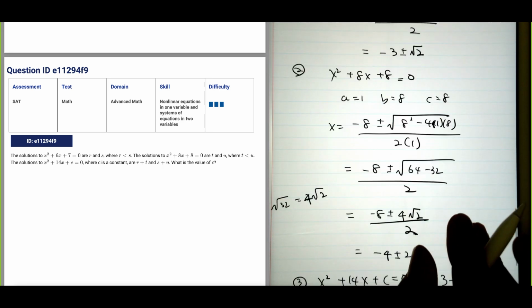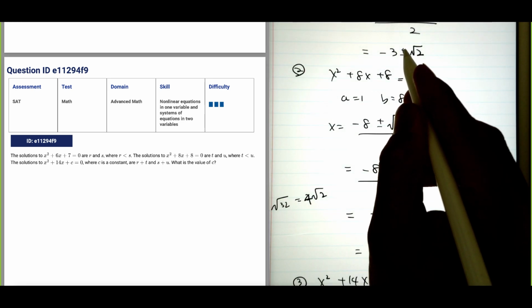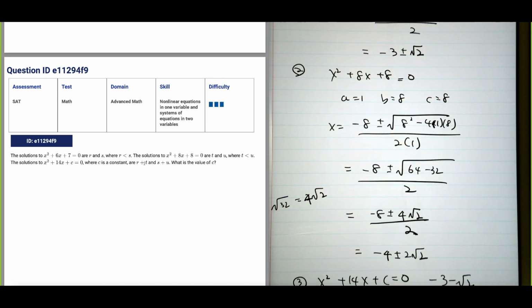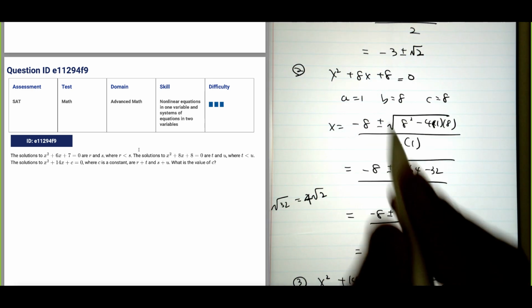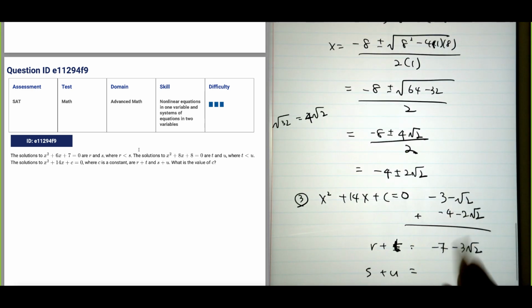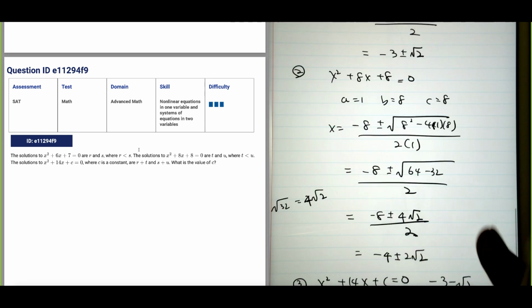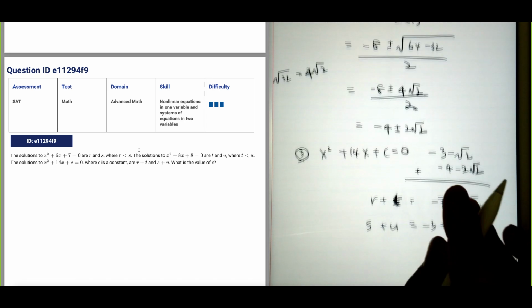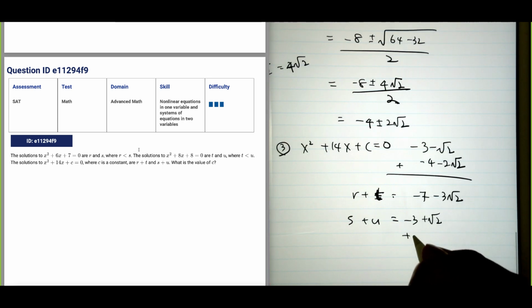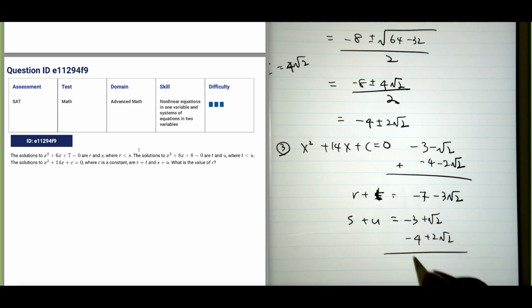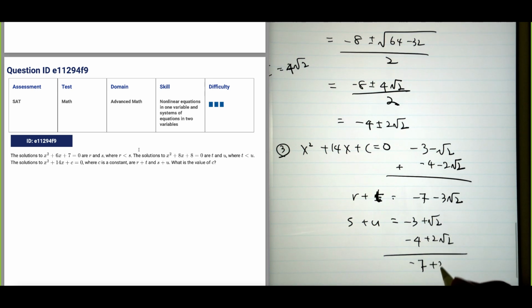For S plus U, we get the bigger root, because if you look at the inequality, S and U were bigger than R and T. So we take negative 3 plus radical 2 plus negative 4 plus 2 radical 2. So what are we getting? We get negative 7, combining the like terms, and then combining the radicals, we get plus 3 radical 2.